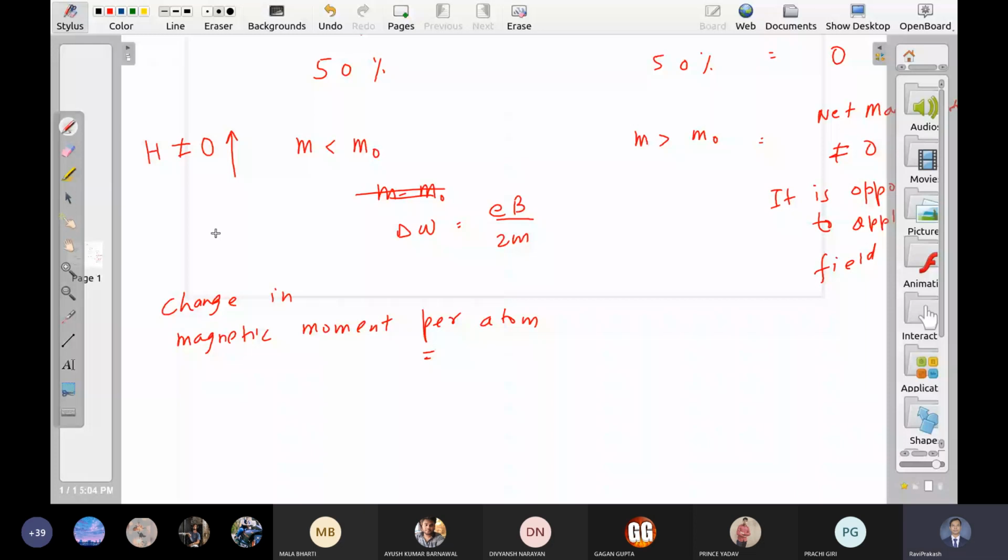E square pi square r square B upon 4m. Okay, no pi. E square r square B upon 4m. This is per atom, the change in magnitude due to one orbit of an atom.